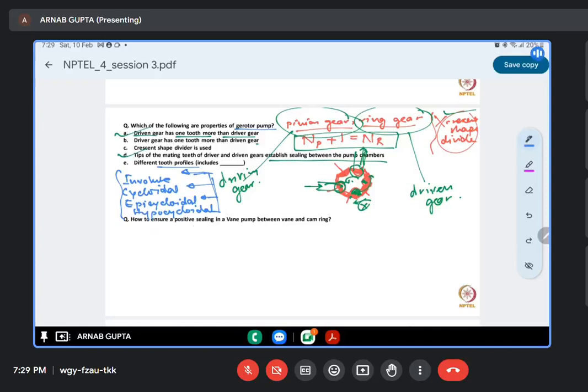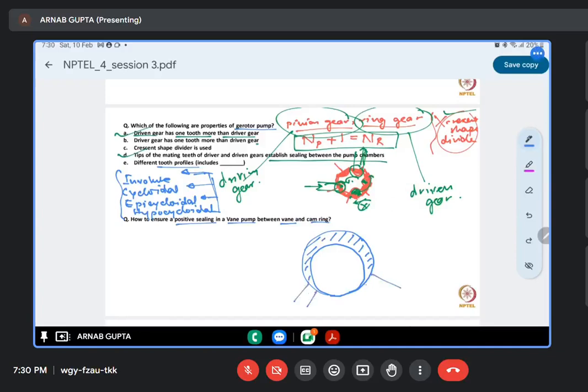How to ensure a positive sealing in a vane pump between the vane and the cam ring. We know that a vane pump is similar in configuration to an internal gear pump, with some functional differences. We don't have teeth here, although we have this chamber through which the liquid will be flowing.